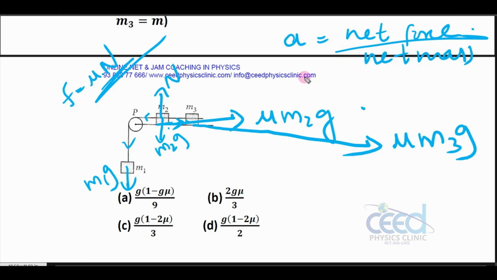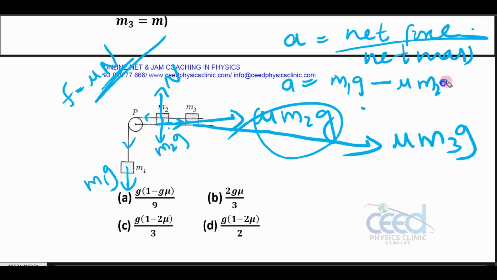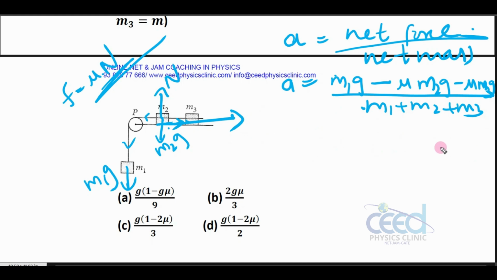Now what is the net force? A is equal to total downward force minus total opposing force: m1g minus mu m2g minus mu m3g, divided by the net mass m1 plus m2 plus m3. Now it is given that all the masses are equal.